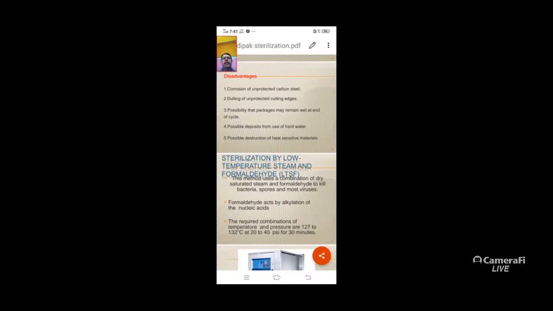If the substance is heat sensitive or heat labile, that type of substance cannot be sterilized by this method.